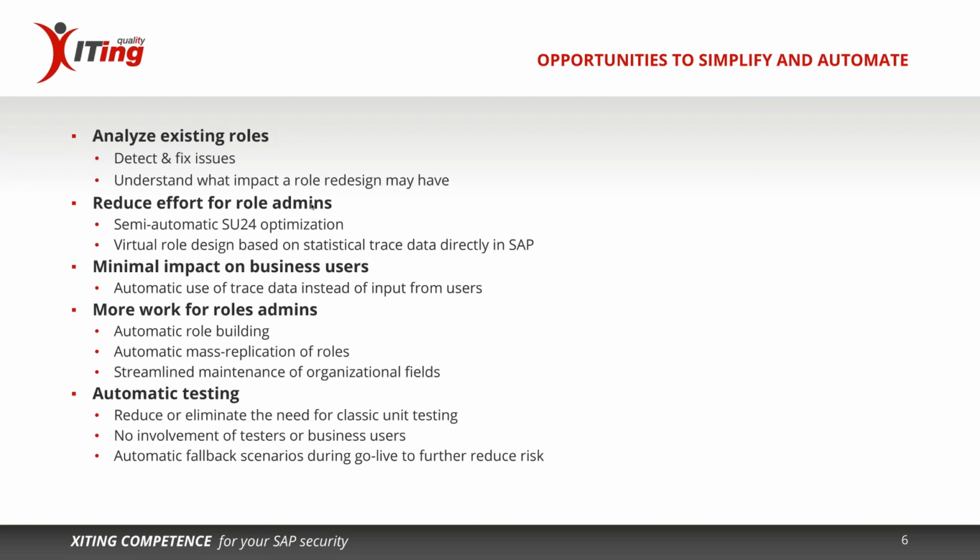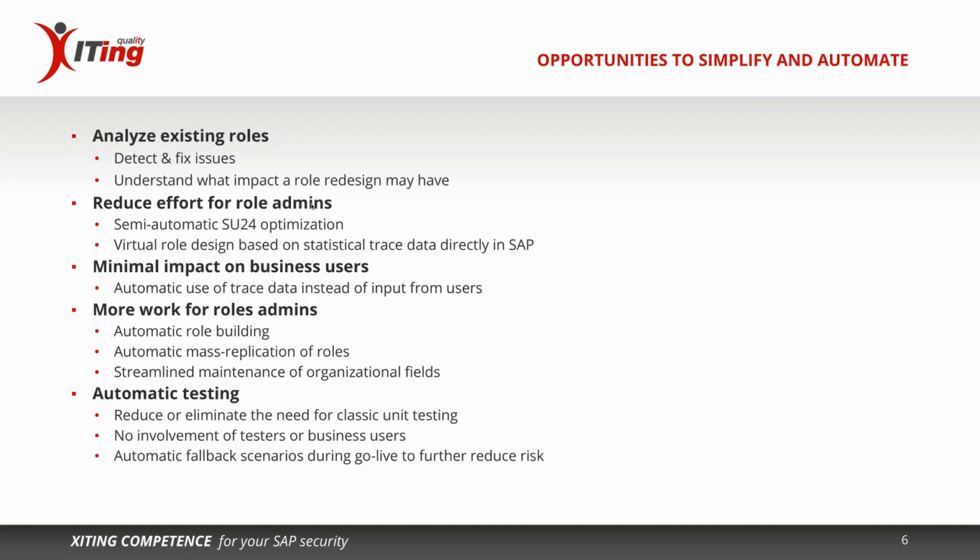From a role admin perspective, there is another area of optimization where you can semi-automatically update your SU24, so you don't have to do that manually, and you don't necessarily have to rely on your SU25, because that's, we have seen in the past, not always complete. So it really helps to semi-automatically or even automatically scan your existing roles and update your SU24 from there, or scan your custom code, look for authorization checks and make sure they're properly proposed in SU24.